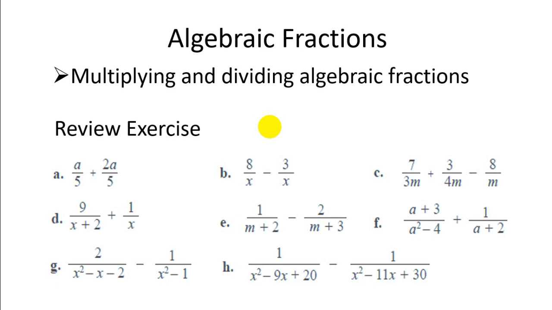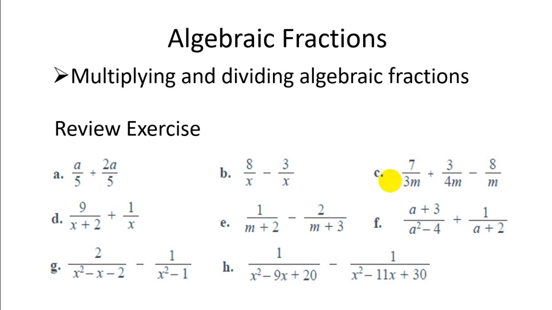If I take some of the questions over here, the very first question is a over 5 plus 2a over 5. The denominators are the same, so you don't need to find LCM over here. But from question C onwards, you can find the denominators are different.